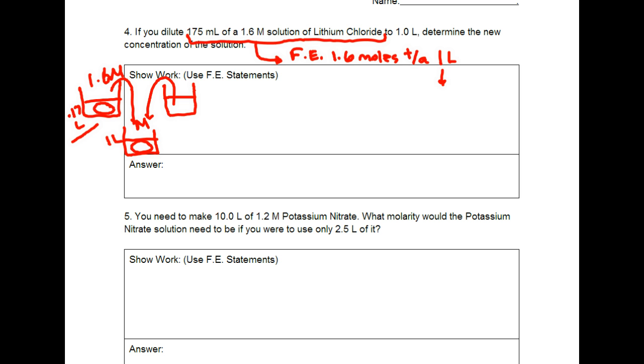So this 1 liter is actually 0.175 liters, and in order to do that, we're dividing by 5.7. So we would do the same thing here, 5.7. And what we should get is 0.28 moles. So in this solution right here, 1.6 molar, 175 milliliters, there are 0.28 moles.